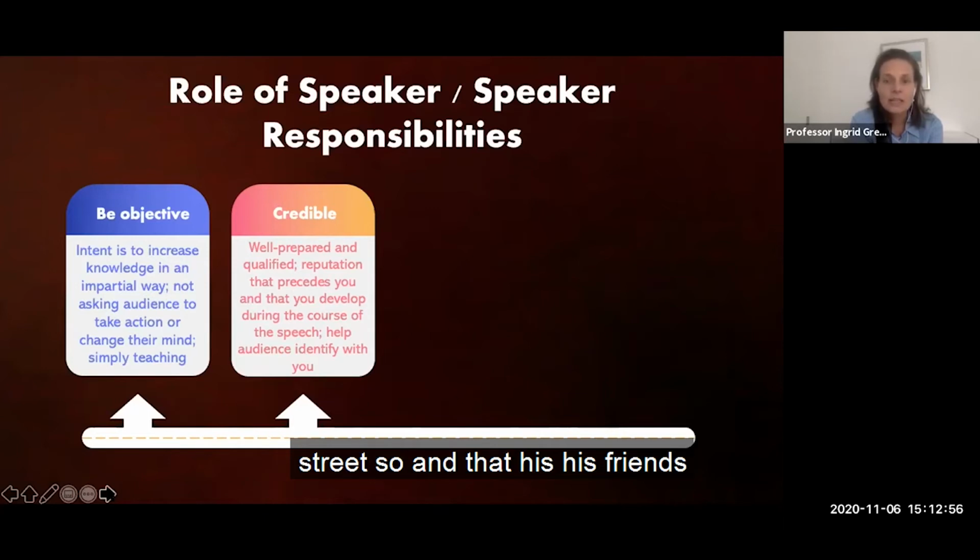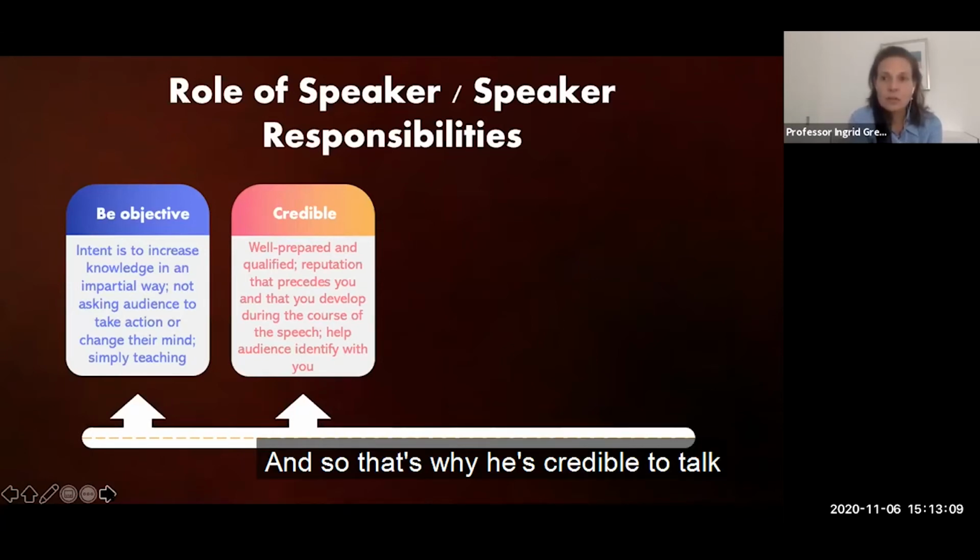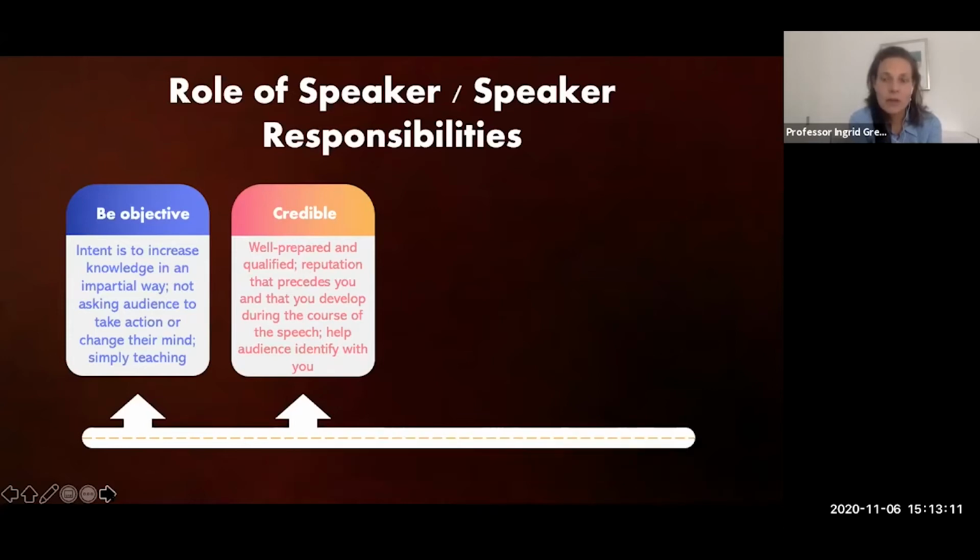And that his friends and relatives, they too felt unsafe walking on the street. So he's credible because he personally has felt fear, or he knows people who have felt fear. And so that's why he's credible to talk about what Black Lives Matter is. But again, he doesn't want to persuade anybody to get involved in the initiative.